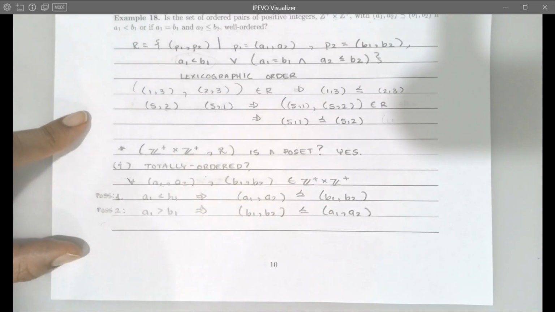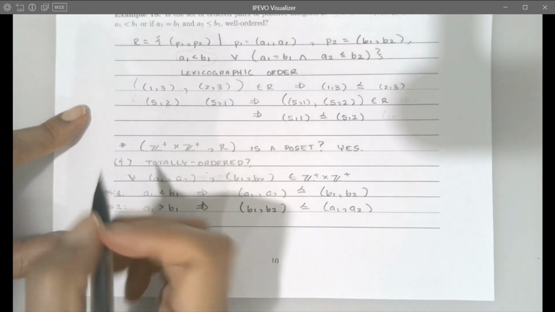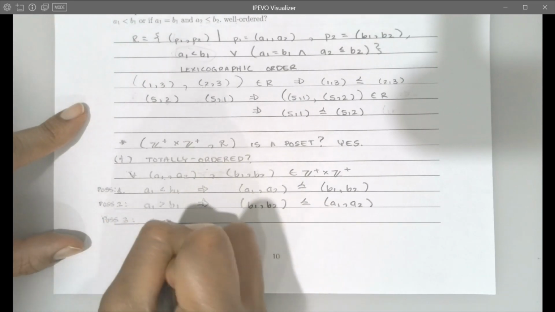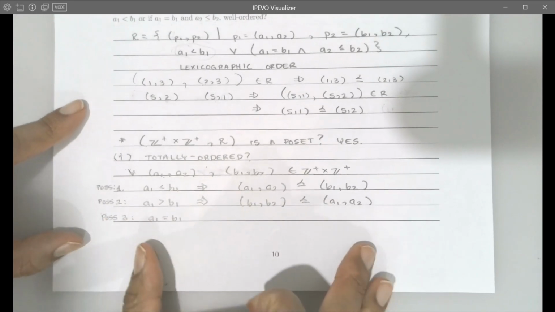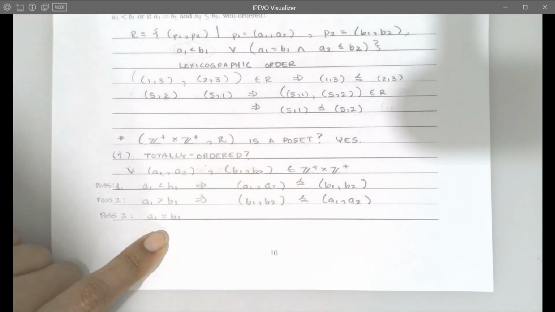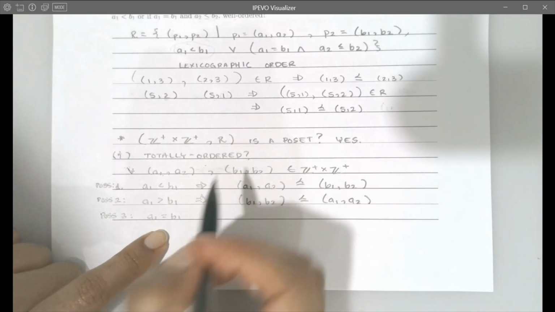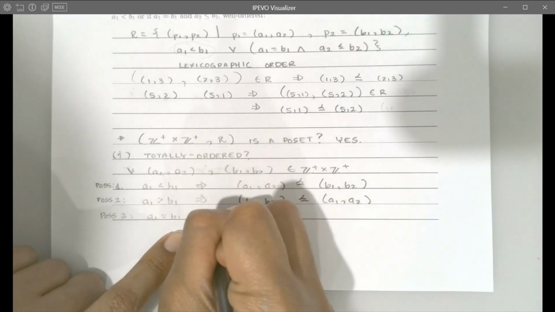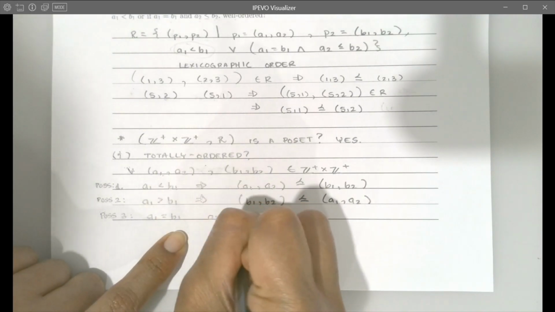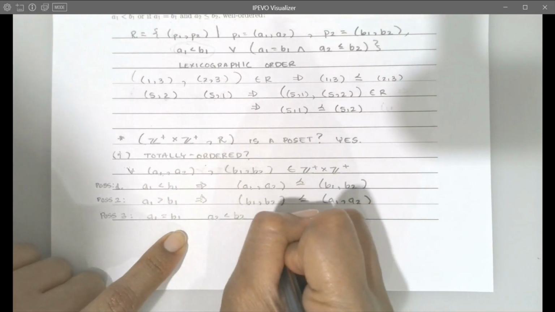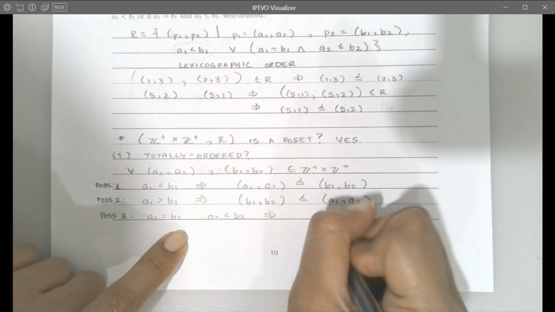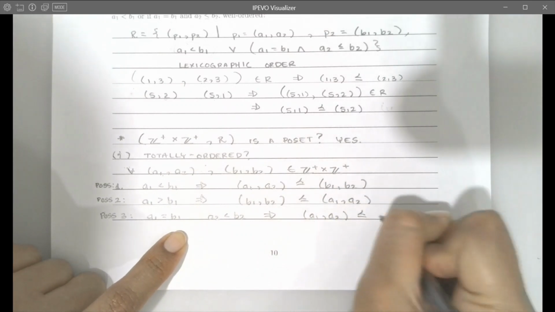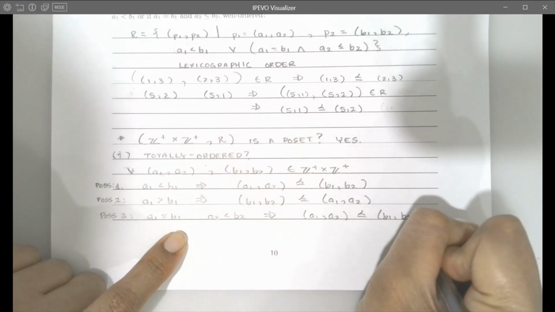Okay, the next possibility is that they are equal. And if they are equal, that means that we now take a look at the second coordinates. So we might have equal first coordinates and then A2 be less than B2. And if that is the case, then A1, comma A2 will precede B1, comma B2.